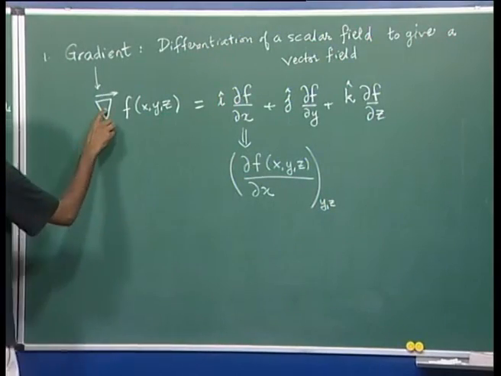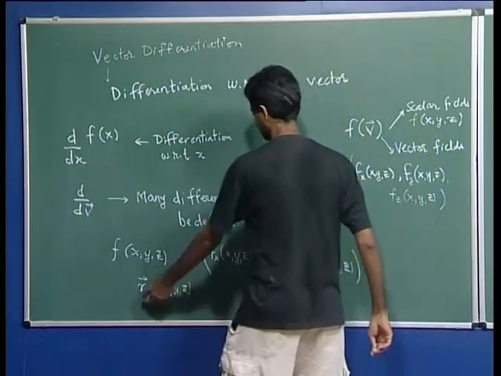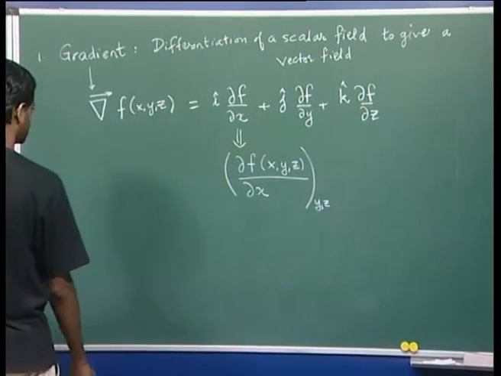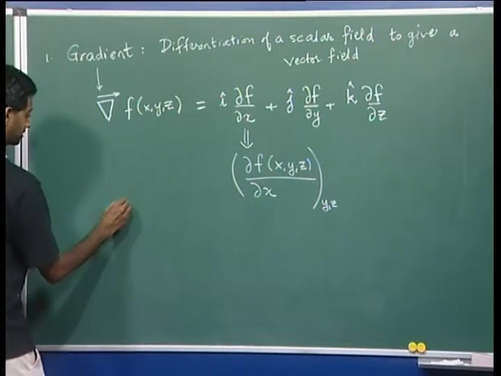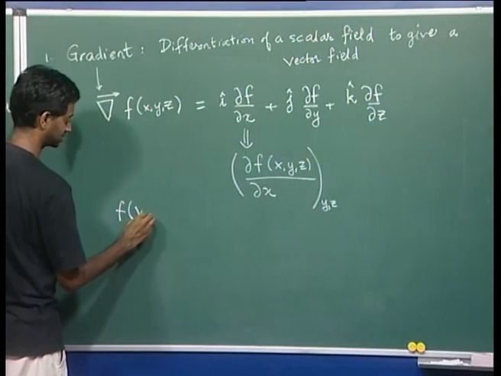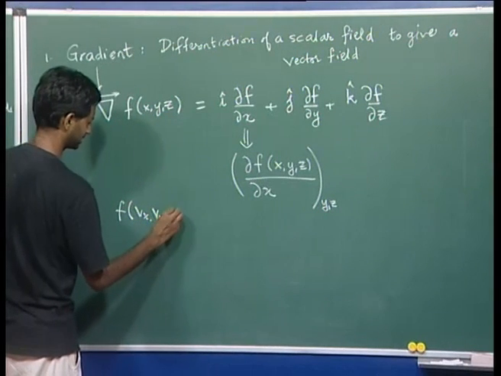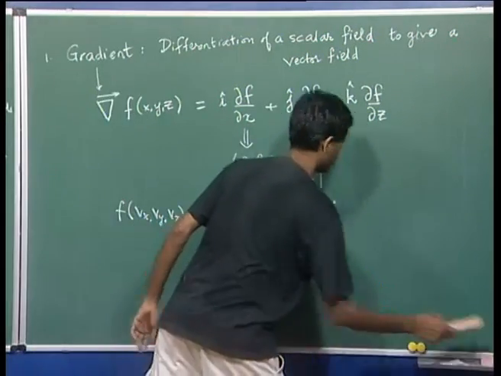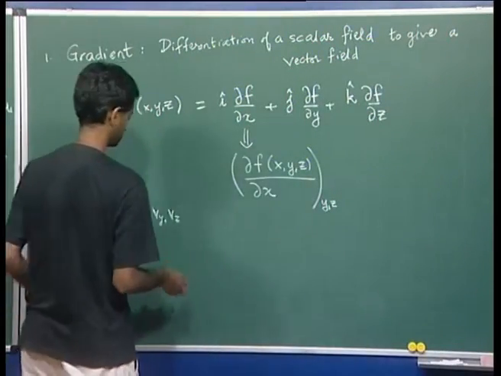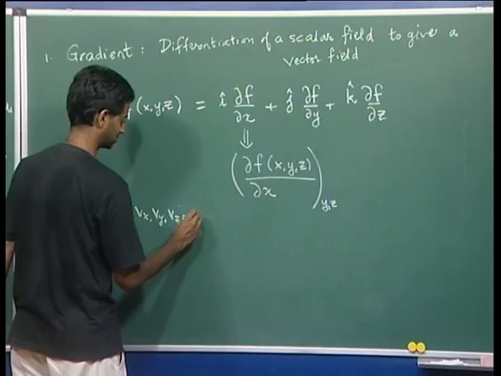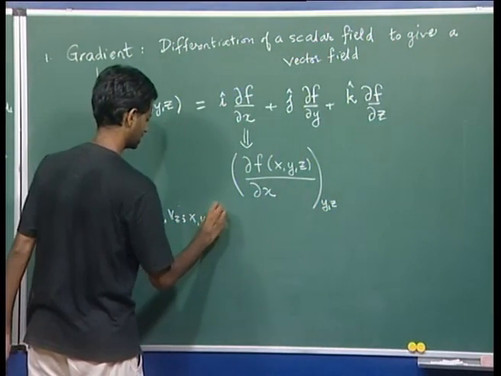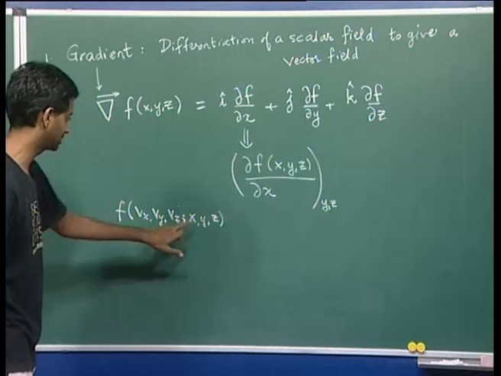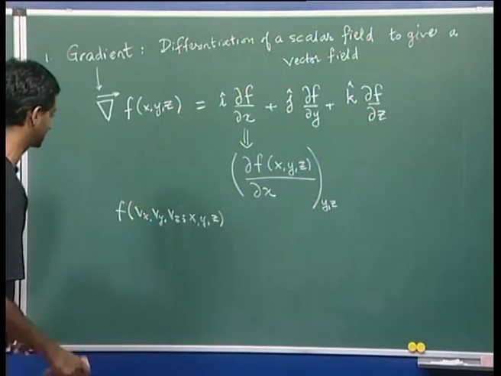Now here I took a gradient with respect to the r vector. Okay, so this is the gradient with respect to the r vector. Now let's make it slightly more complicated. If your f can be written as a function of Vx, Vy, Vz, so it can be written both as a function of Vx, Vy, Vz and as a function of x, y, z, then the value of f at any point depends both on x, y, z and on Vx, Vy, Vz.